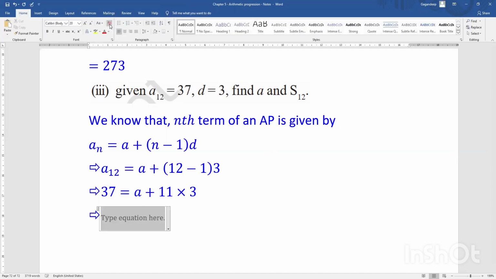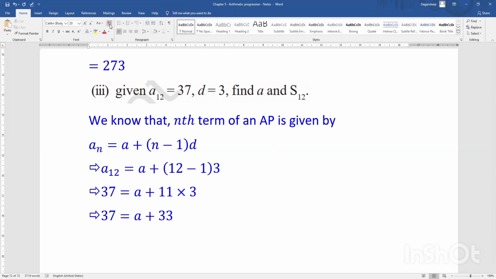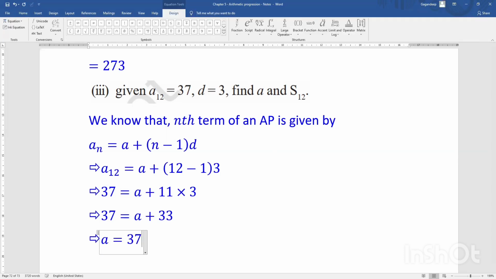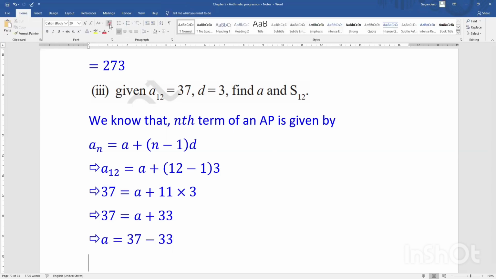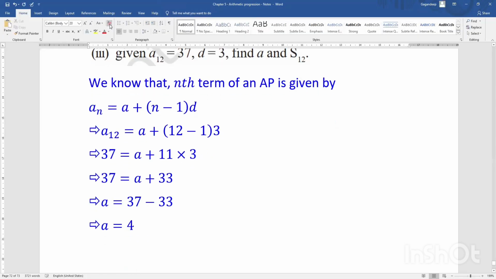Or we have 37 equals A plus 33, or we can write A equals 37 minus 33. We have now A equals 4, right? 37 minus 33 is 4.